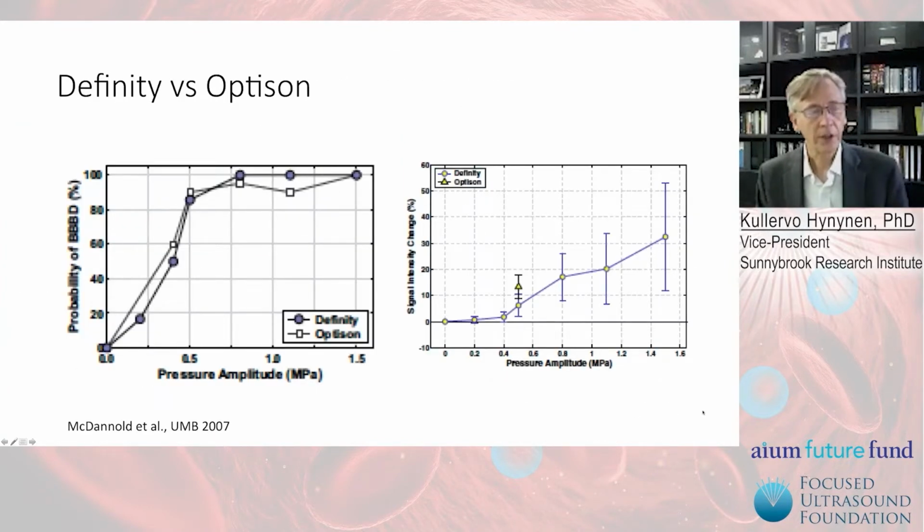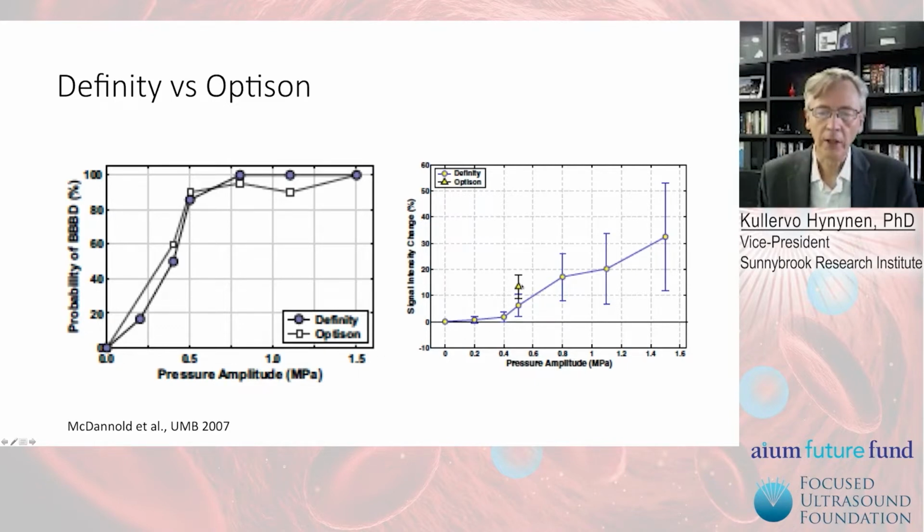What about bubbles? Does it matter what bubbles we use? Most of the initial work was done with Optison, and then people switched to Definity. This is the first study comparing Optison and Definity, and they seem to work about the same. This is the probability of blood-brain barrier opening versus pressure amplitude.